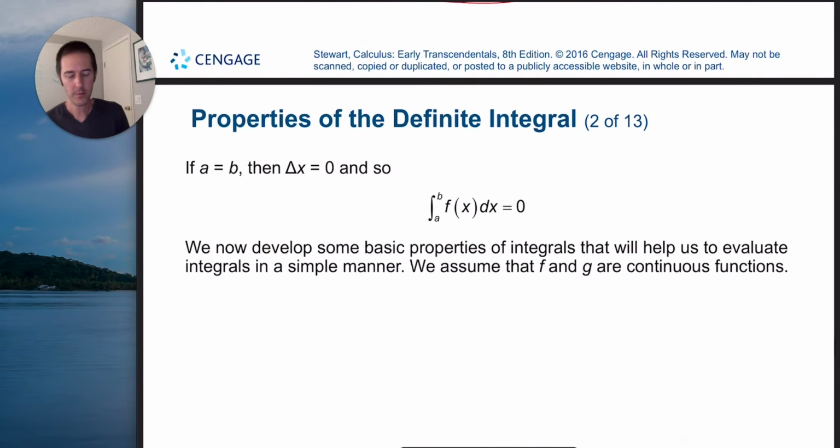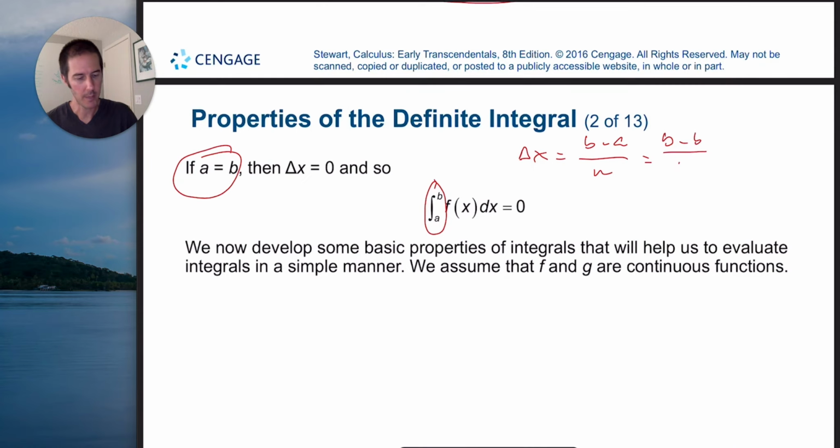If your limits of integration, your a and b values, are equal to each other, then delta x, which equals b minus a divided by n, is going to equal b minus b divided by n, right? Because a and b are equal to each other. So you've got 0 divided by n, which means your delta x value is 0.